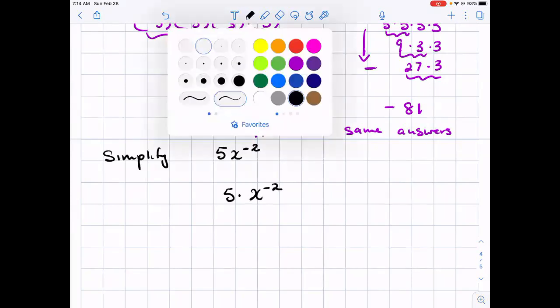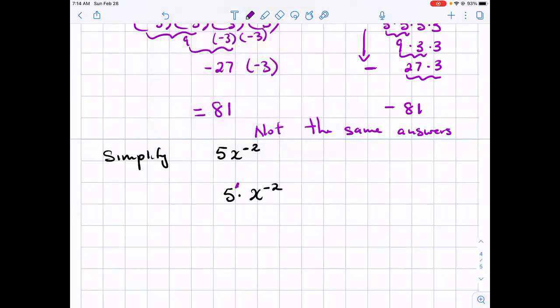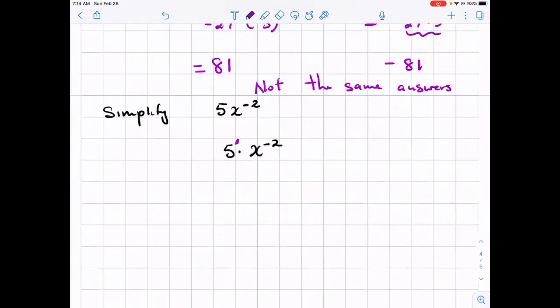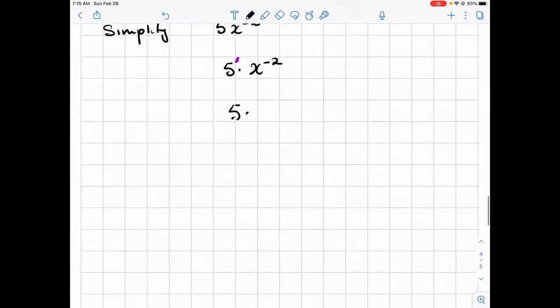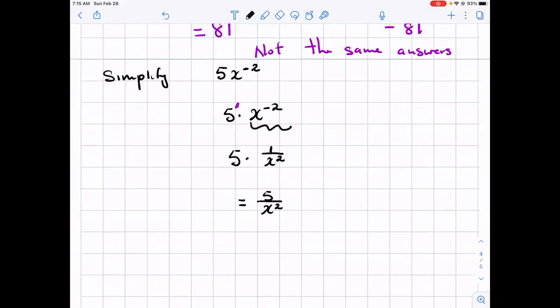The 5 has a power of itself of positive 1. So this becomes 5 times 1 over x squared, which can be written as 5 over x squared. The 5 has a power by itself of 1, so when you see this, it doesn't mean that the 5 has a negative 2 power also.